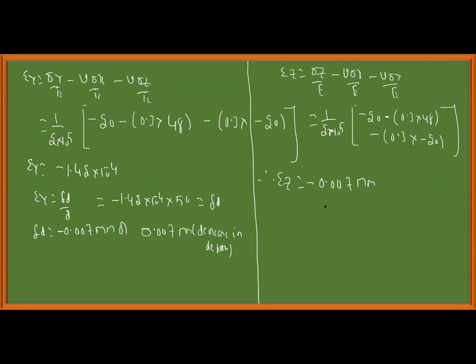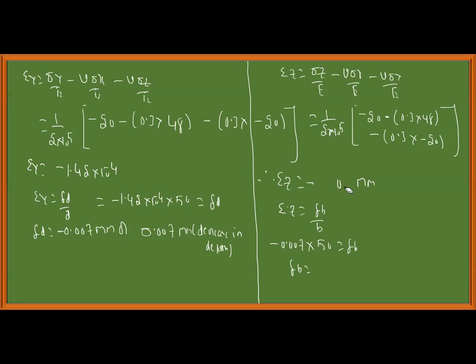Okay, now he has asked us to find epsilon, which is equal to delta b by b. Minus 0.007 into width, which is also 50 mm, is equal to delta b. How much is this?